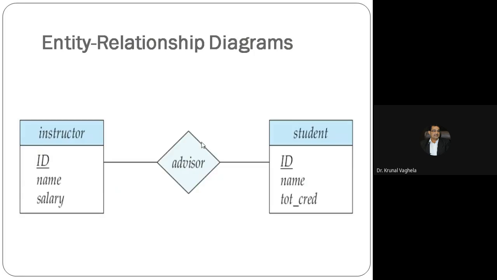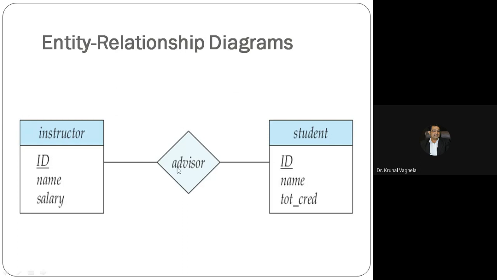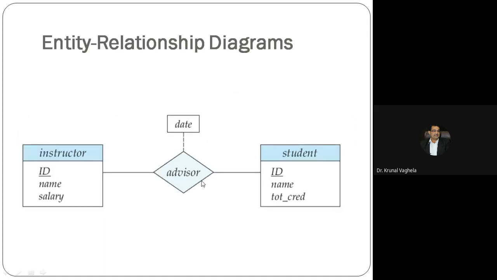Now if you take a few books, the latest versions of the book, ER diagrams are given differently; attributes are written like this in some books. So don't get confused, you can use these also. ID is the primary key, then name, salary; instructor is the entity set name, and there is a relationship name. Date is the descriptive attribute.